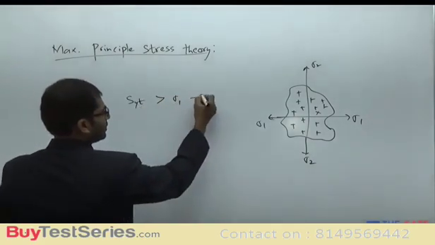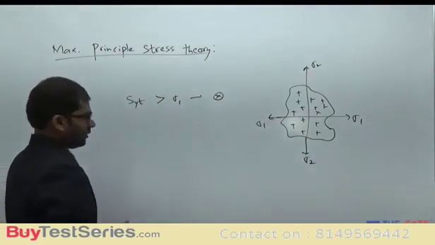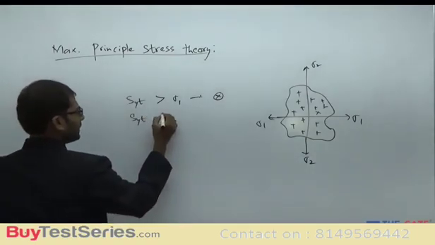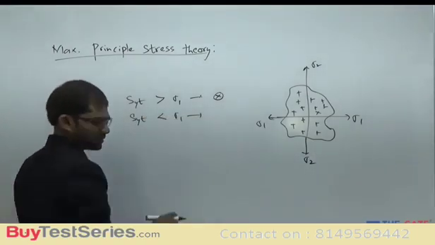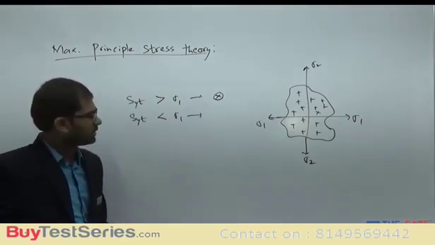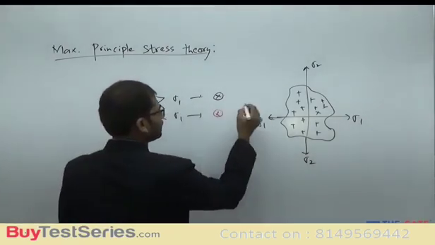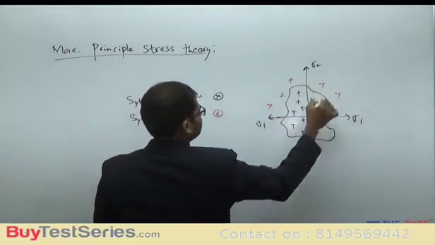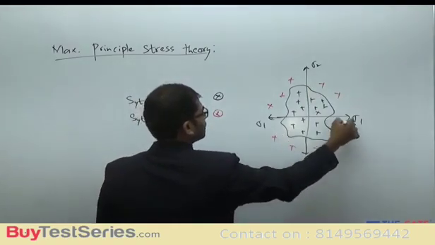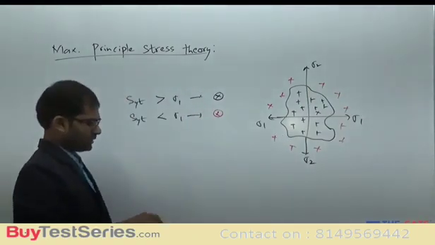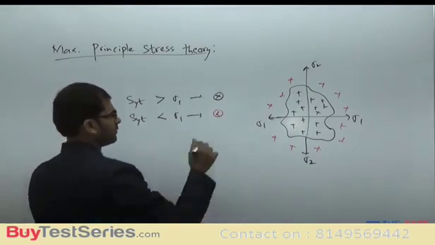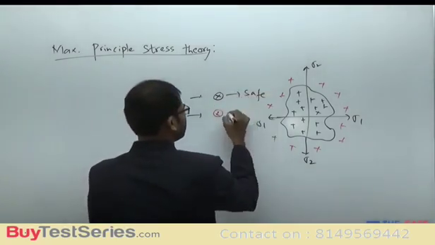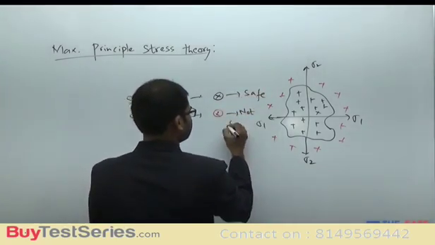If you are having SYT less than sigma 1, these are denoted by other points here, that means it's not going to be safe. So this is safe conditions, and this is not safe conditions.